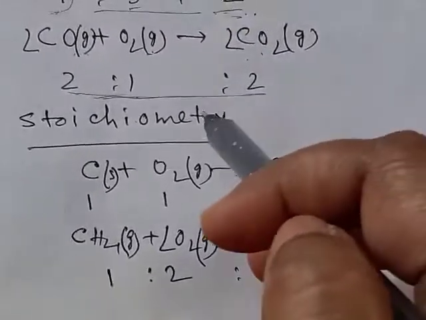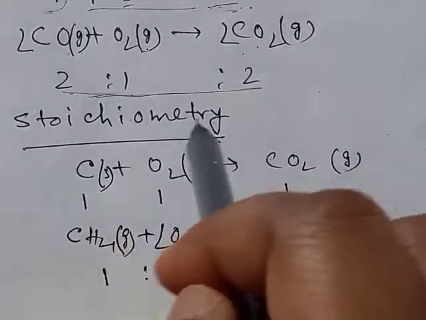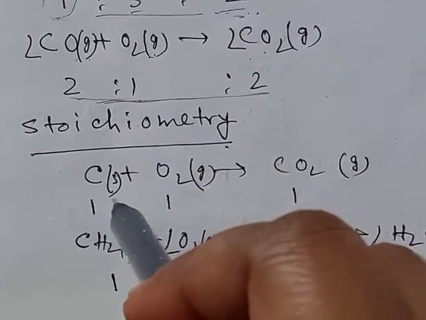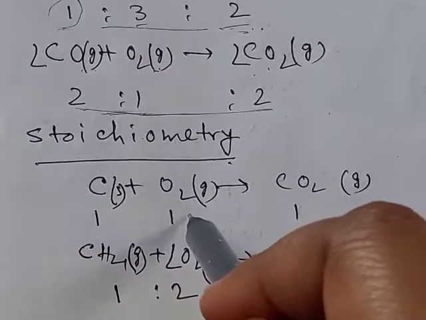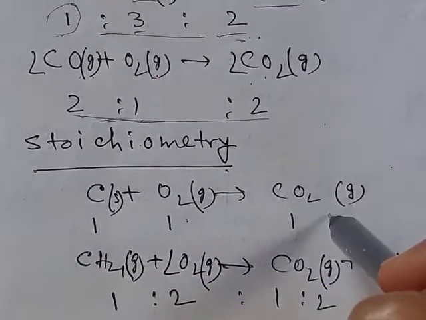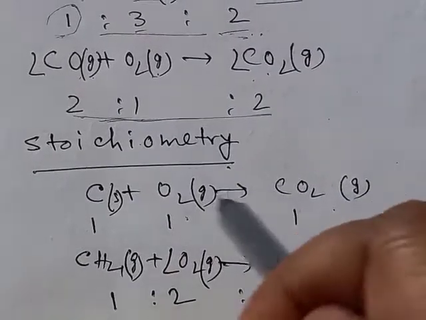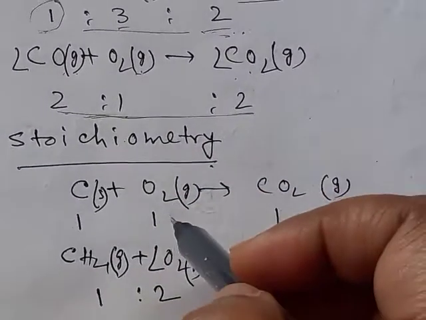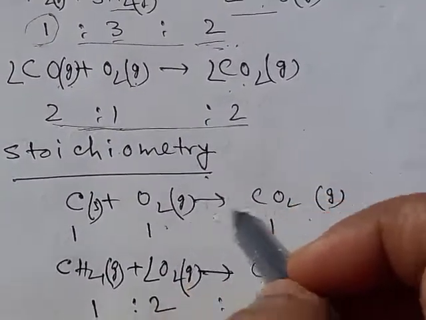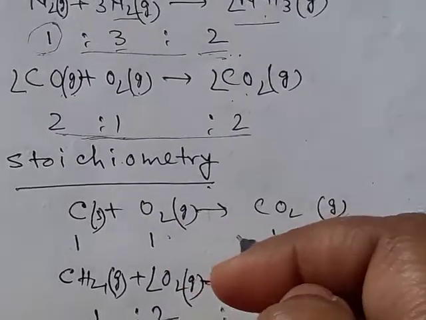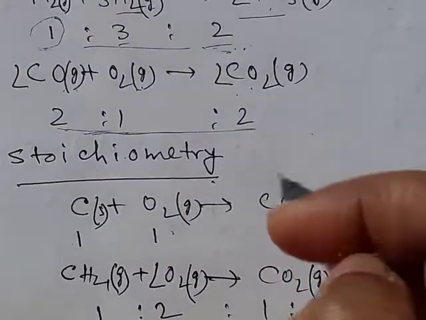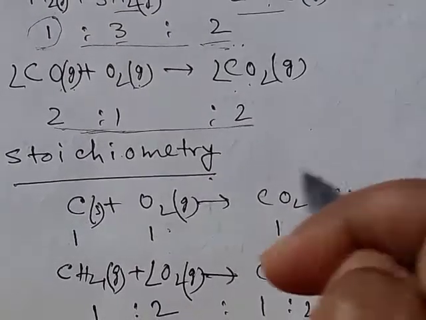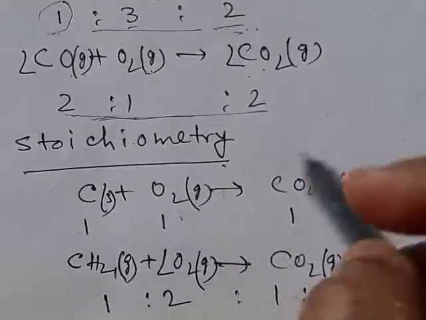Now what is stoichiometry? Stoichiometry means the quantity of the reactants or the products that participate in a chemical reaction. Quantity. If the reactants and products are gases, then the quantity is given by volume. If they are solid or liquid, then the quantity is given by mass.